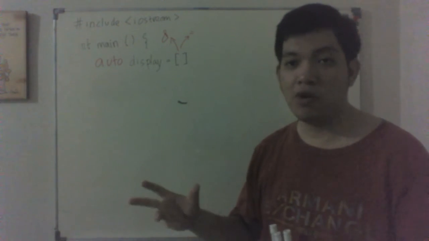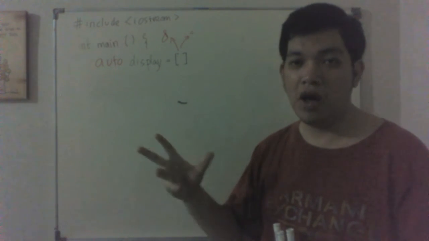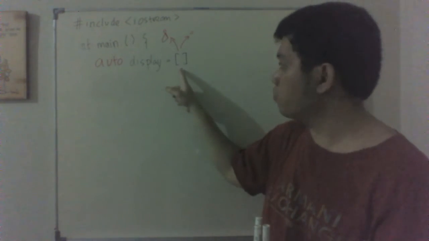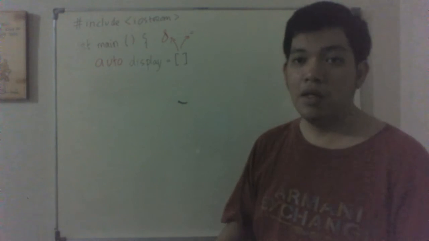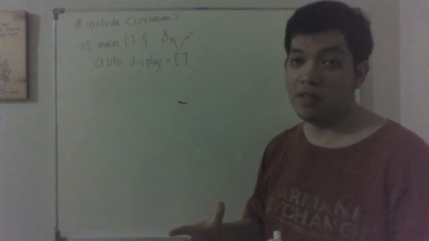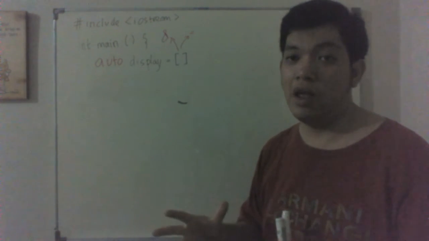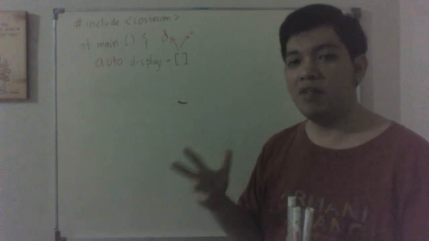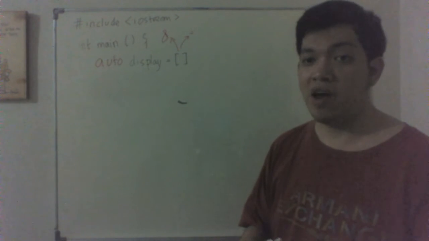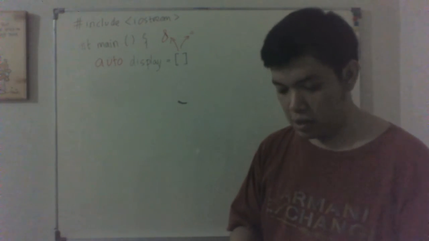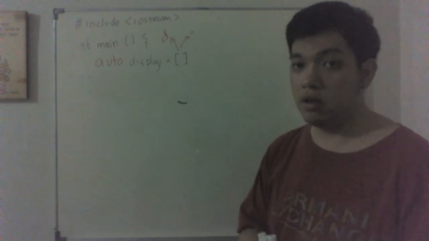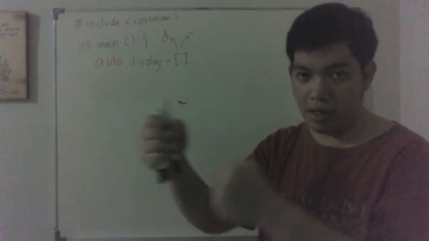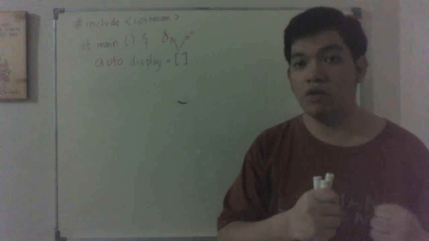For example, you have an integer with value 5, and inside this lambda you use the ampersand sign in this square bracket, and then you change the variable from 5 to 6. After the lambda is done, and you want to display that variable outside of the lambda, it's already 6, it's no more 5. So it's like taking not a copy, but the real variable, literally into the lambda.